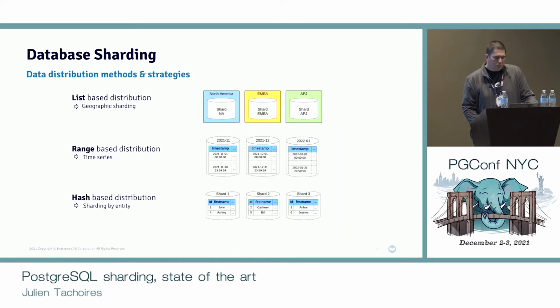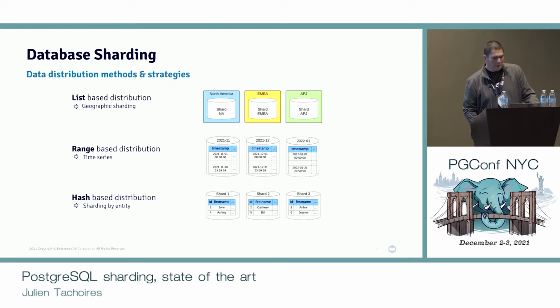Several data distribution methods exist in sharding world, leading to some well-known strategies. The list-based method defines explicitly which shard key value appears in each shard. This method will be used by a geographic sharding strategy.